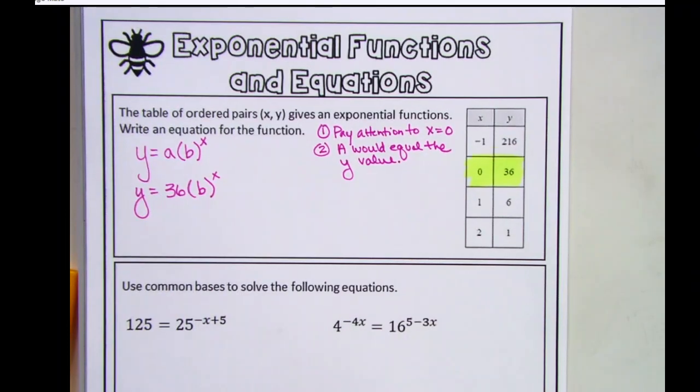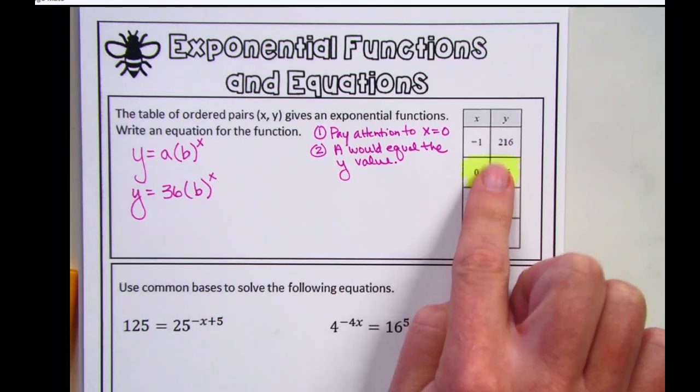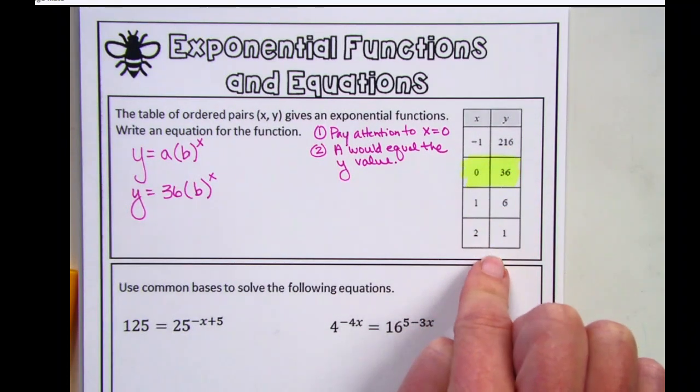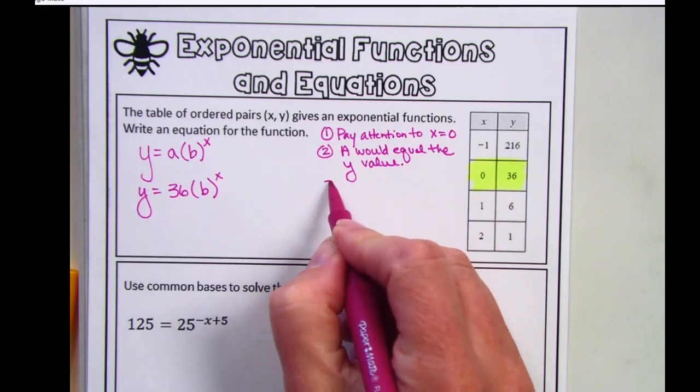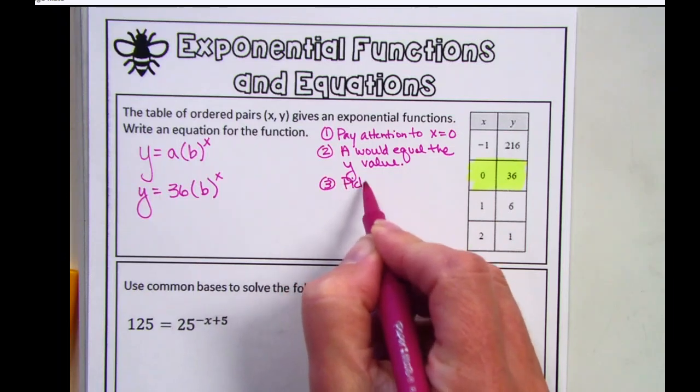And I've got to figure out my b value because our equation will have x and y. Do I have a whole list of x and y's over here? A whole list. So our next step is pick a point from the table you like.